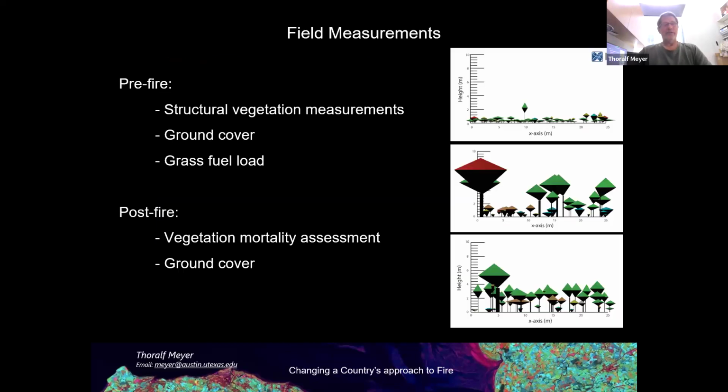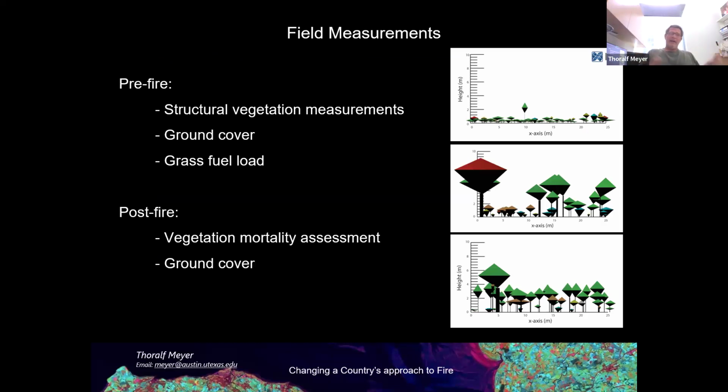What we do is we take pre-measurements before the burn, and we take the same measurements again after the burn. That allows us to get a growth trajectory, a development trajectory for every single plant inside these plots.